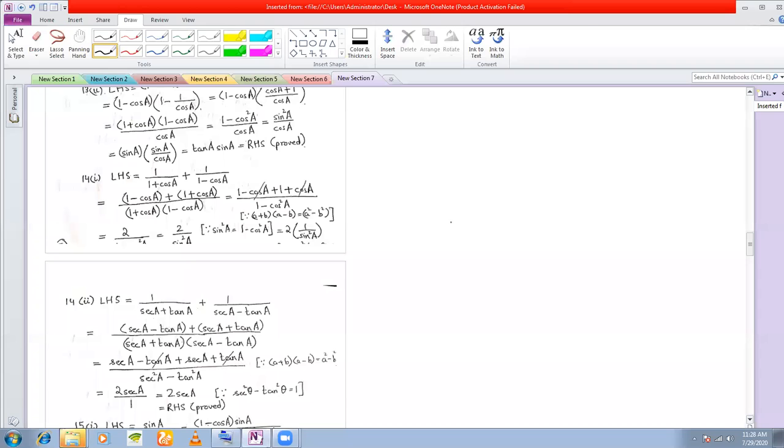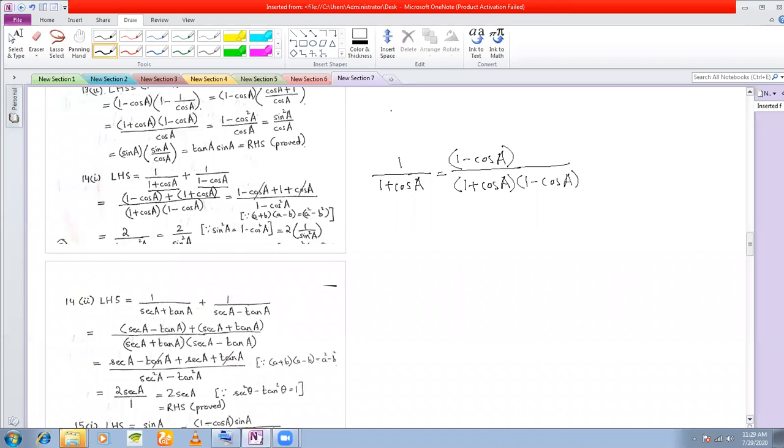Now in 14.1, what you see is in the numerator you have 1 plus cos A in the denominator, and here in the denominator you have 1 minus cos A. Now ideally what I say is that if I see a 1 plus cos A in the denominator, remember this, I am extremely tempted, and this is what you should be doing, to change the denominator to a sine. How can I change the denominator to a sine? By multiplying the numerator and the denominator by 1 minus cos A.